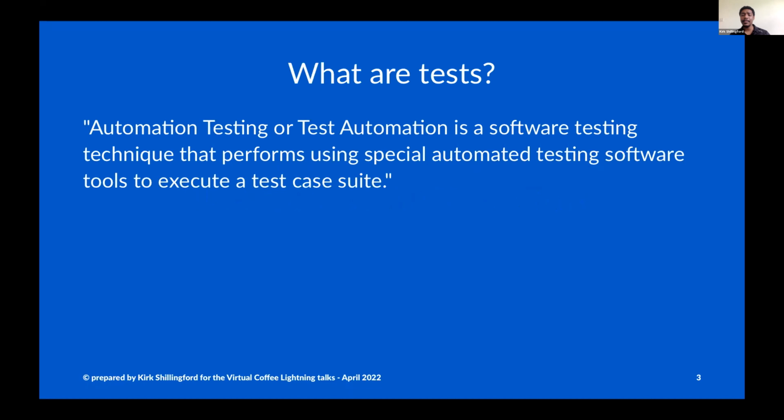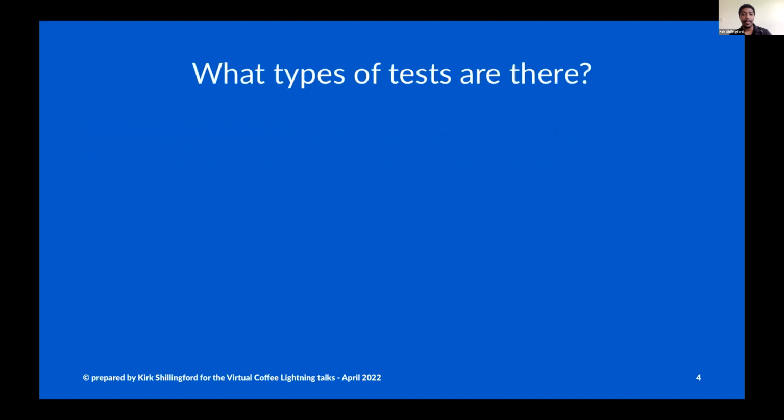This is a very fancy way of saying that we are specifically referring to code that tests other code, as opposed to manual testing where you as a person or a group of people are making changes and observing effects. This is something that you can tell to go run tests. You are not running the test yourself.